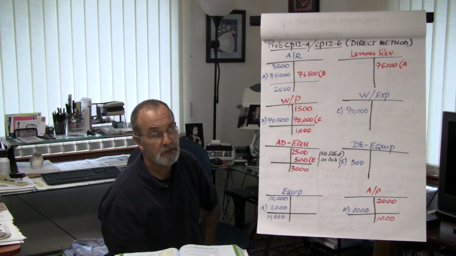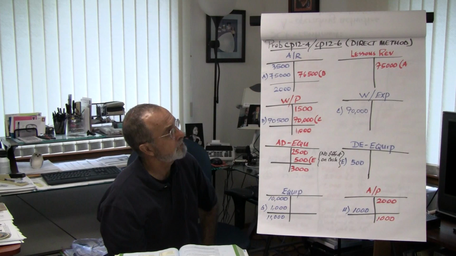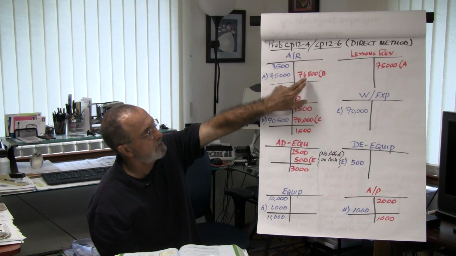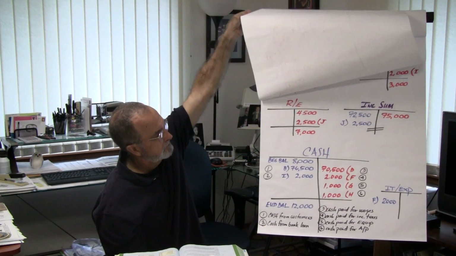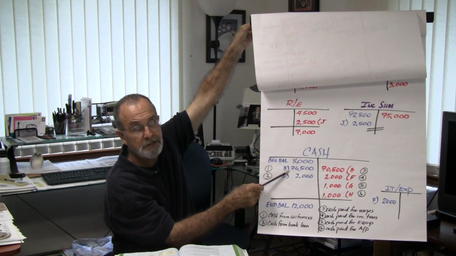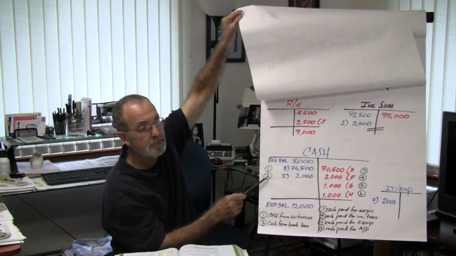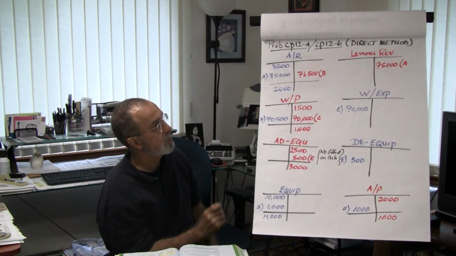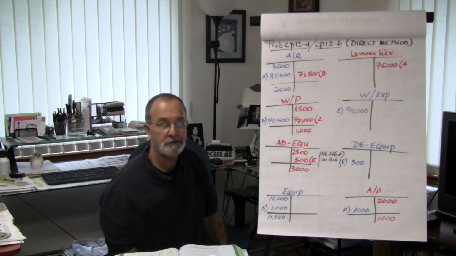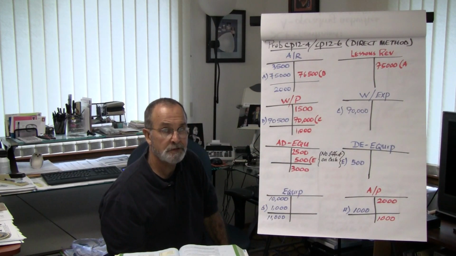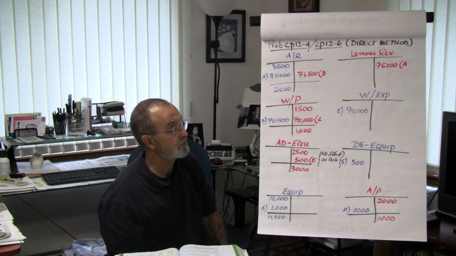Now, if you thought about that for a minute, you might wonder, why in the world is cash collected from customers, $76,500, different from lessons revenue, $75,000? And the difference happens to be $1,500.